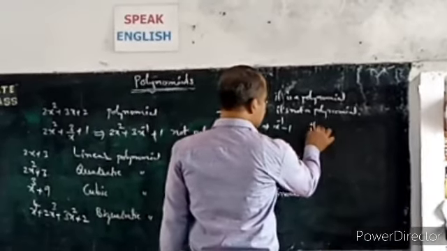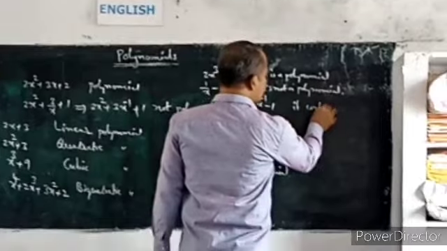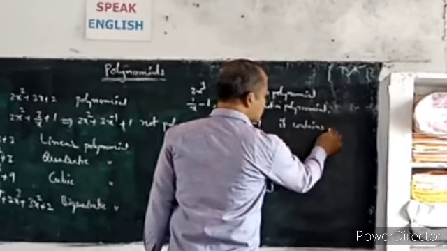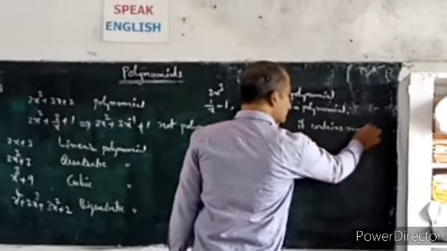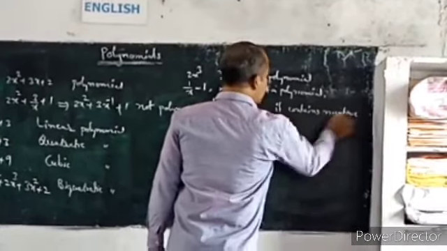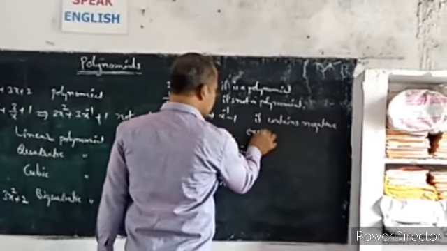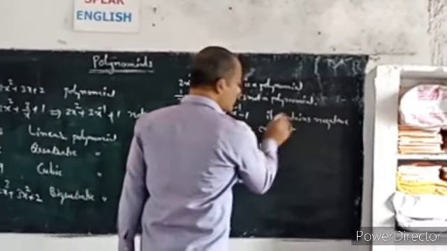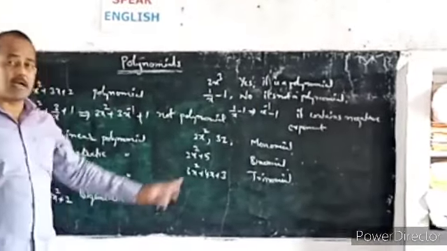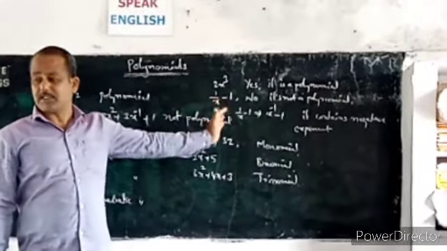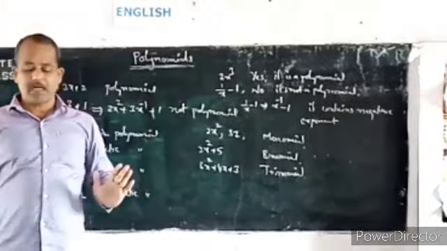It contains a negative exponent. This is the reason why it is not a polynomial.